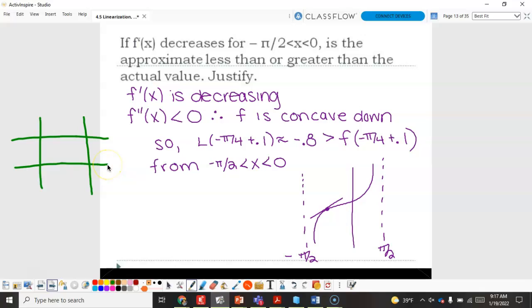I'm thinking back to the chart I have in the front of my folder. If it's decreasing, then it's concave down. So if f prime decreases, you're down here, which makes this concave down.